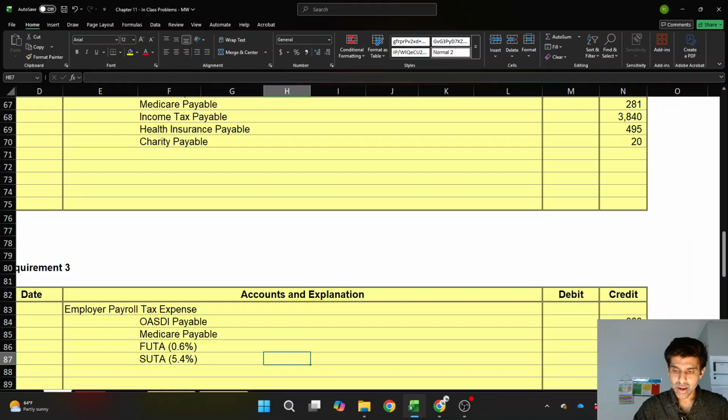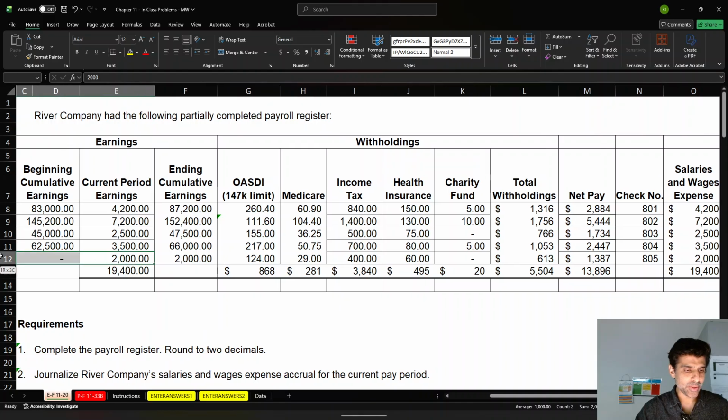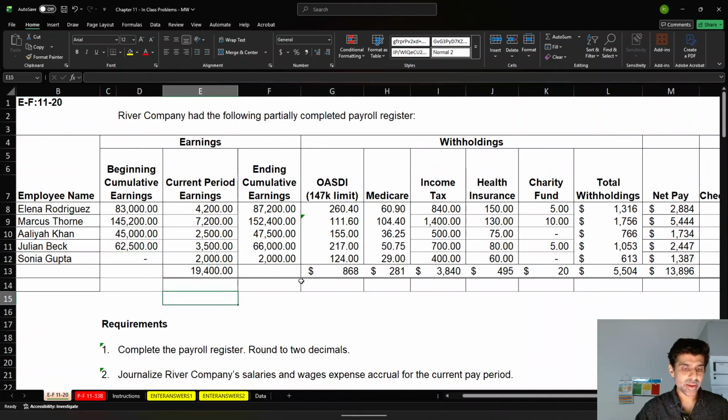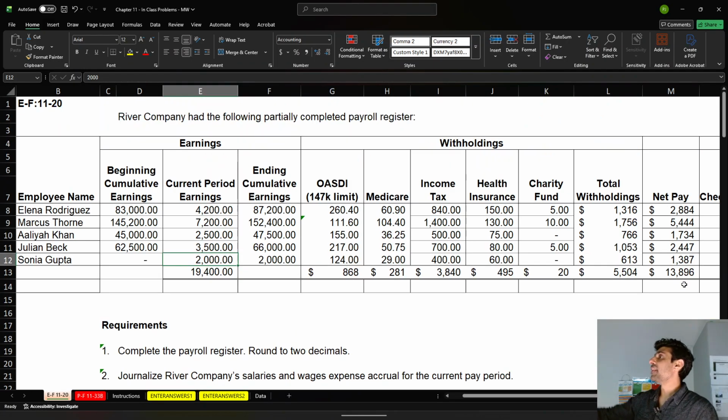Okay, so FUTA and SUTA, again, we determined that there's only one employee who has earned less than 7,000, and it's this person here. And so this $2,000 is subject to FUTA and SUTA. And if they got paid 2,000 in the next pay period, that's also going to be subject to FUTA and SUTA, because they're at 6,000 at that point.